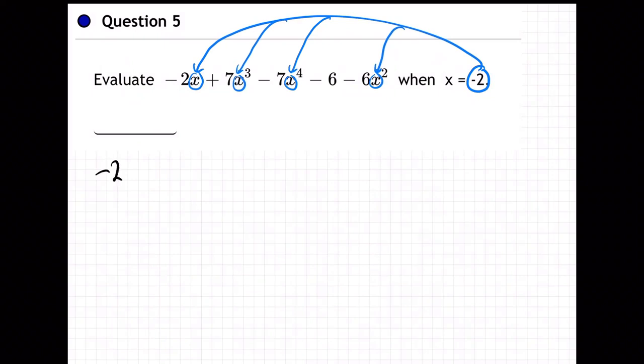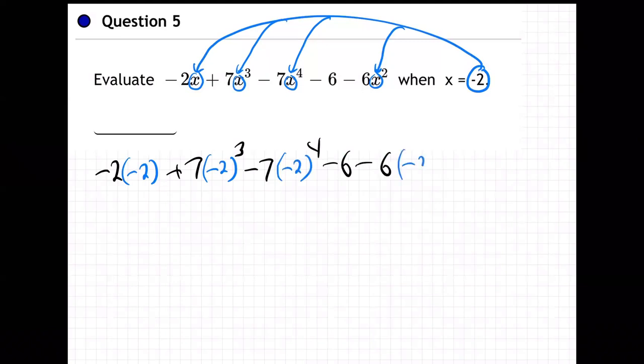So we get -2, then -2, and then +7, -2 cubed, -7, -2 to the 4th, -6 times -2 squared. That making sense? So there's that term, there's that term, there's that term. I just plugged in the -2 everywhere we had an x. And so now let's just work them out.